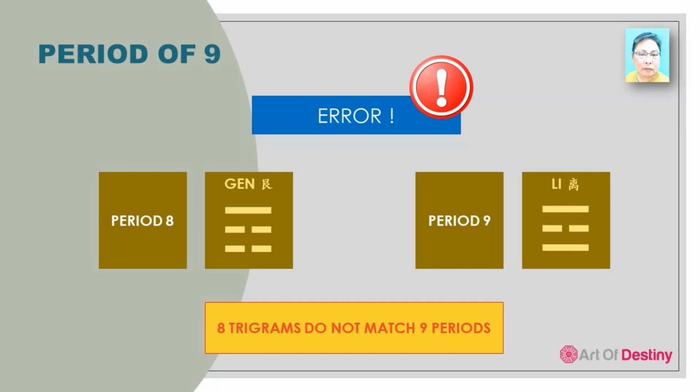So because of that, they will do the same for period 9. Li Gua refers to middle-aged women, the middle daughter. Li Gua is a fire Gua, and naturally it's also red in color.